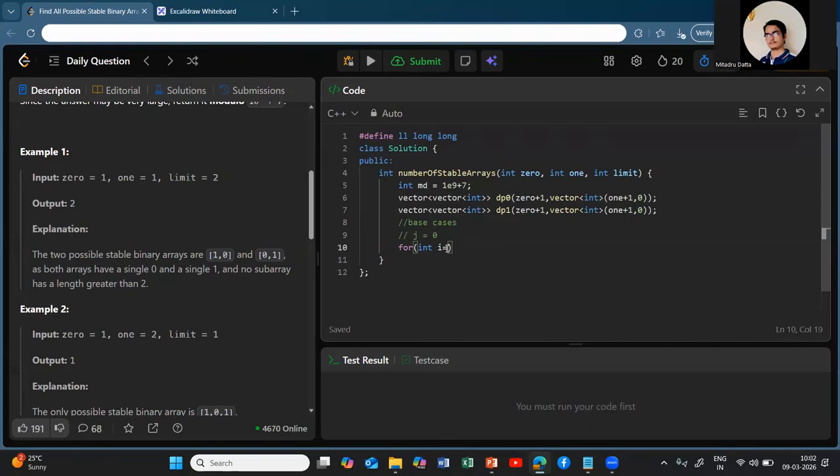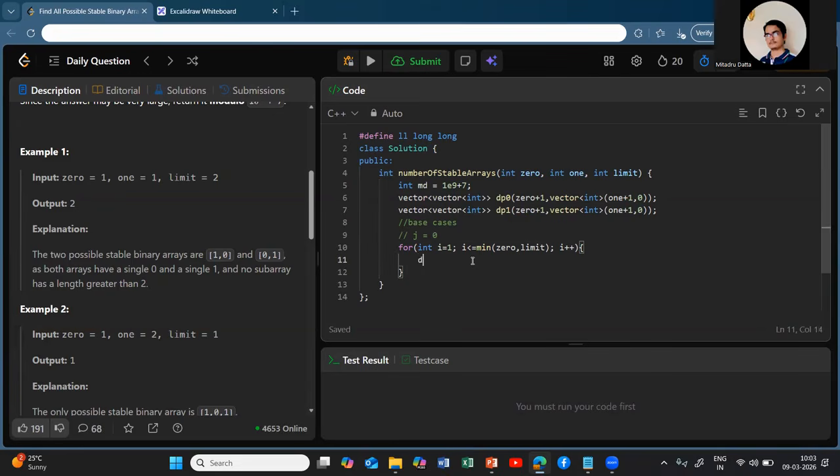Then we will iterate through all the i's, making sure that we have dp 1 0. But we should go all the way till what? Minimum of zeros and limit, because we do not want this to exceed the limit.